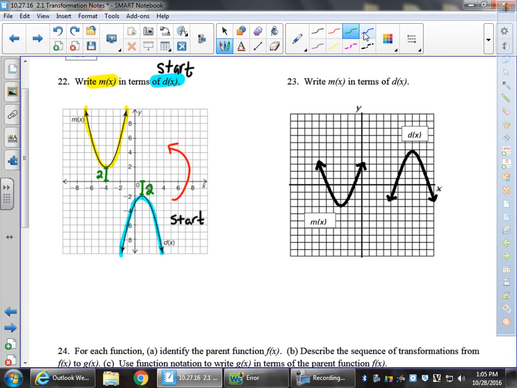So let's write some notes down. First, about the reflection. Reflection over x-axis. That's the first thing that's happened. So to help you visualize it, you don't have to draw this if you don't want to.